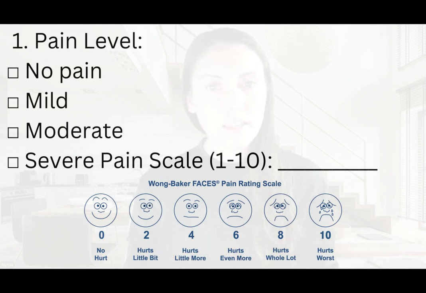We can show this to them so they kind of know and can point to what they are feeling. So pain is always what your patient says it is. So we have to go by that for wounds, because some wounds are extremely painful and we don't want to be leaving somebody without assessing their pain and letting them suffer.